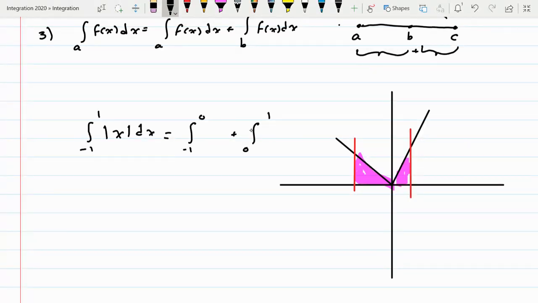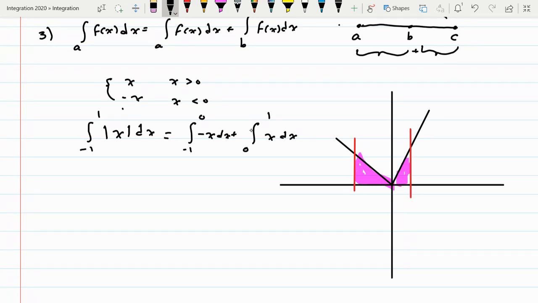We all know that the absolute value of x actually has two rules. It is x when it's positive and negative x when it is negative. So from -1 to 0, I'm talking about the negative, that is -x dx, and from 0 to 1, it is positive, so it is x dx.